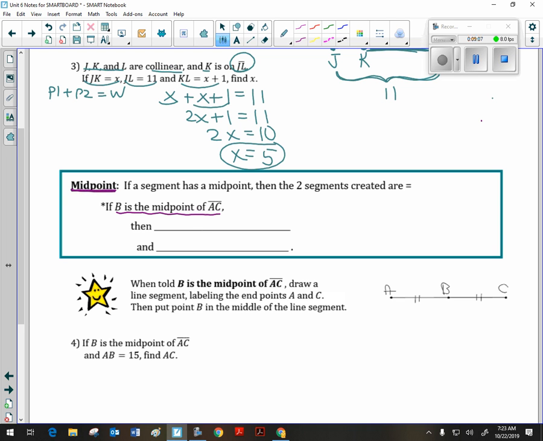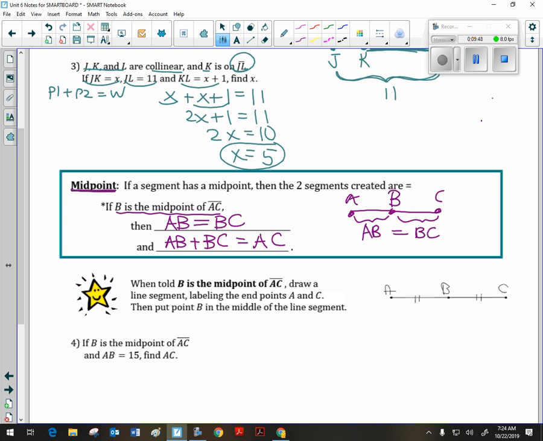They're saying B is the midpoint on the segment that goes from A to C. So when I draw my segment from A to C, B sits right in the middle, which means the part that's over here and the part that's over here, AB on the left and BC on the right, have to be equal to each other. So I'm going to put in here that if B is really the midpoint, then the part that goes from A to B is equal to the part that goes from B to C. And we also still know that the one part plus the other part has to equal the whole thing.